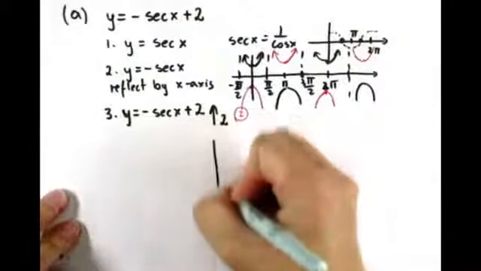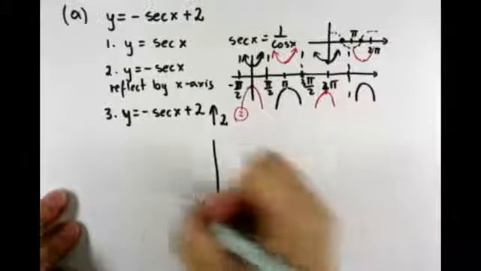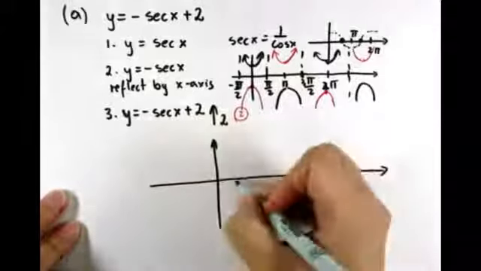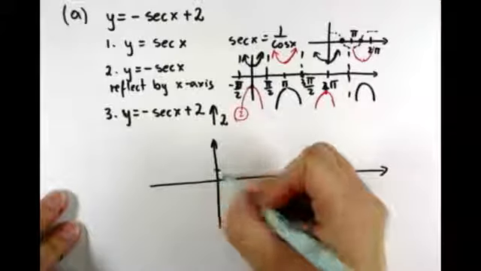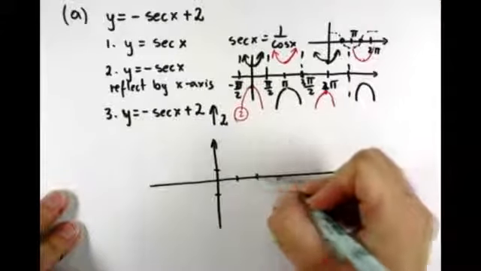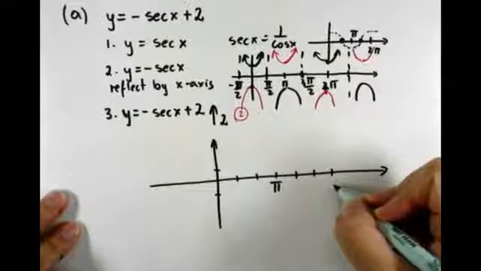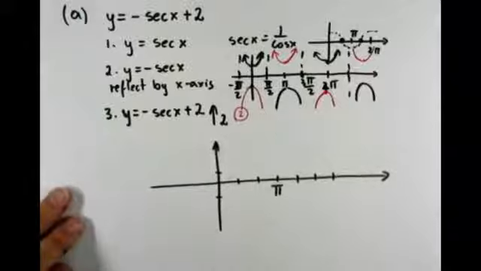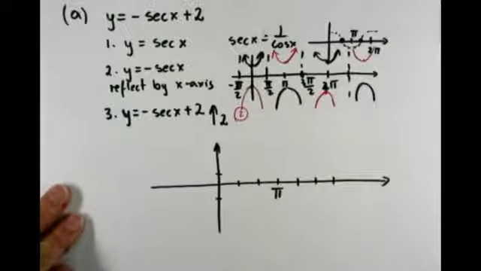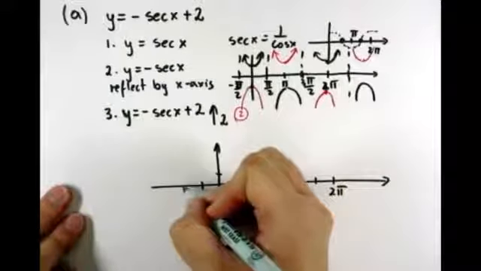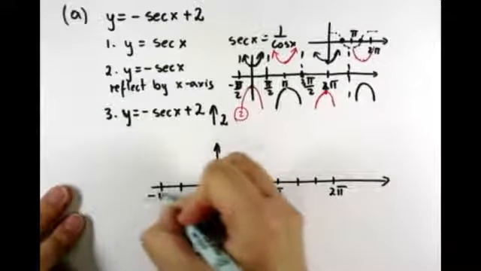So let's draw a nice graph. Pi, 2 pi, and we need more, minus pi.